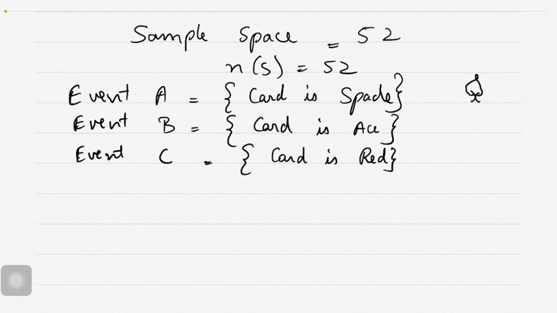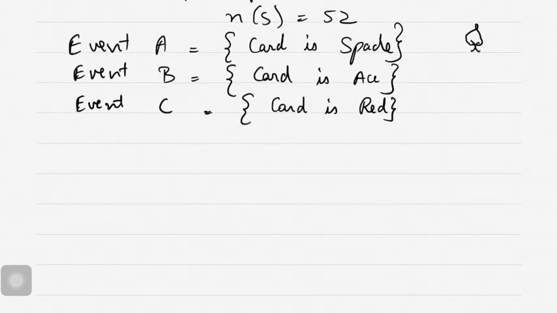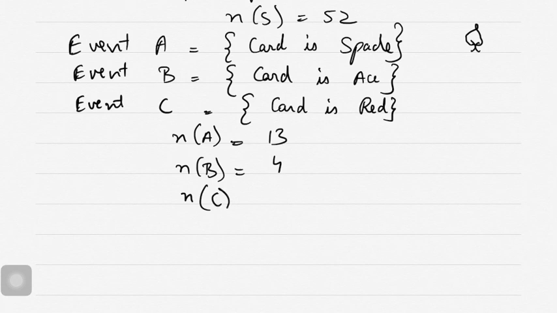So n of A is 13 because there are 13 spade cards, n of B is 4 because there are 4 ace cards, and n of C is 26 because there are 26 red cards, right?